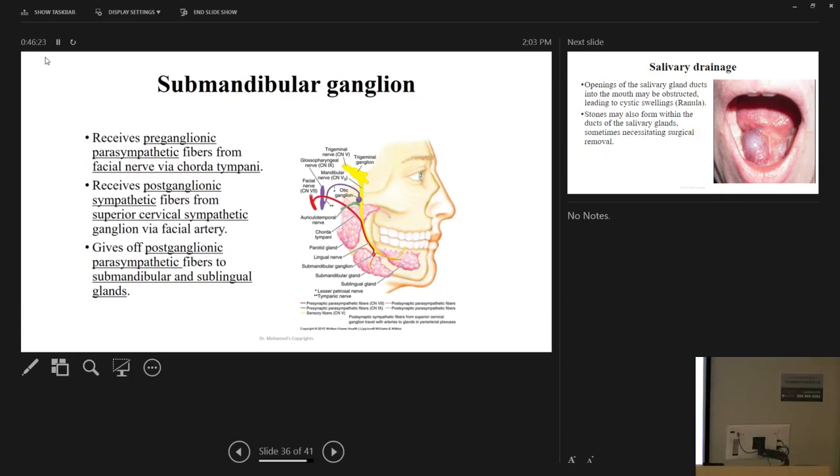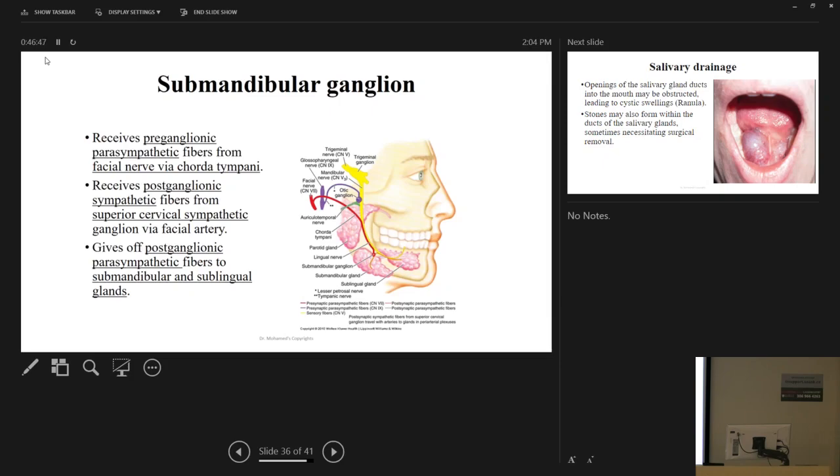Okay. Chorda tympani. What's chorda tympani? Chorda tympani is a nerve. It's off the facial nerve. It has 2 functions. The first function is to take the taste from the anterior 2/3 to the facial nerve.